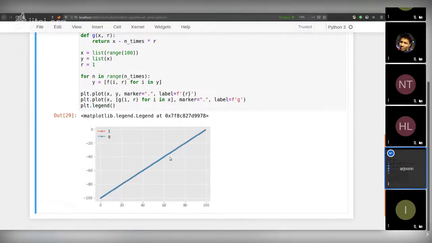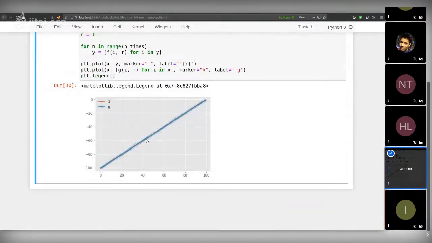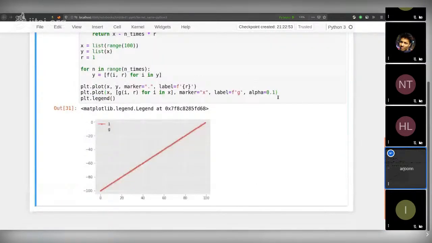There is absolutely no difference. You can maybe see if we make this x. I don't know if you can see it, a little bit of red behind that. So yeah, these are essentially the same functions.